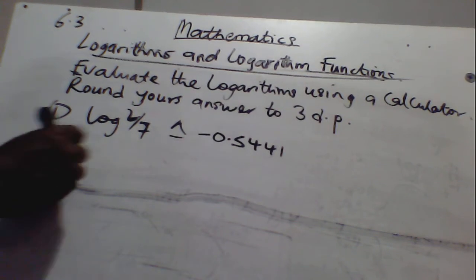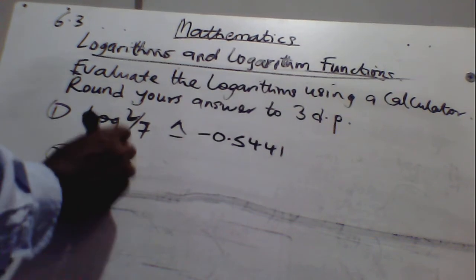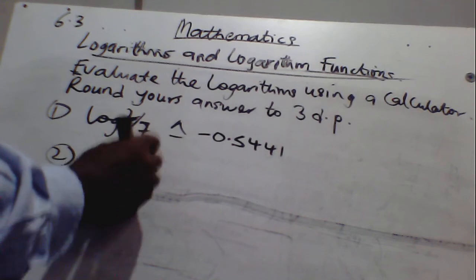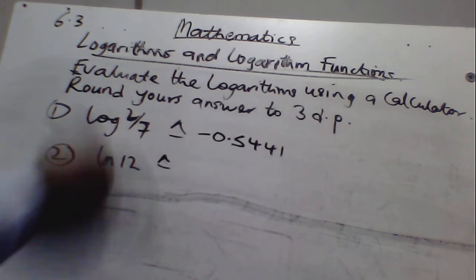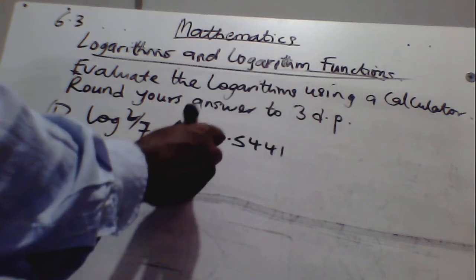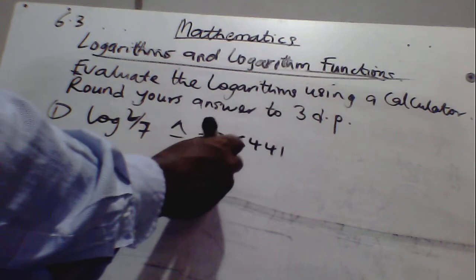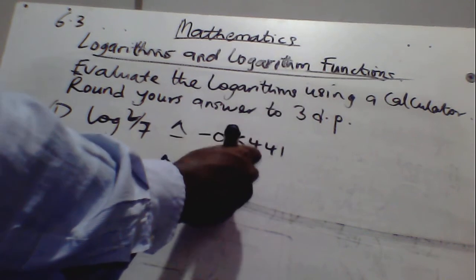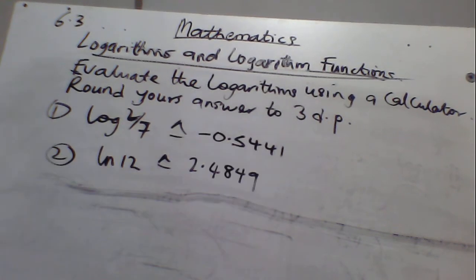The same applies to ln 12. If you use your calculator, you'll have 2.4849. So this is how you can use a calculator to find the value of the log.